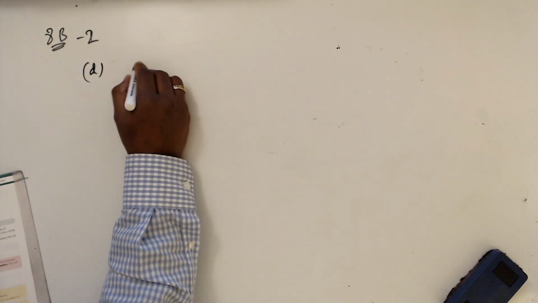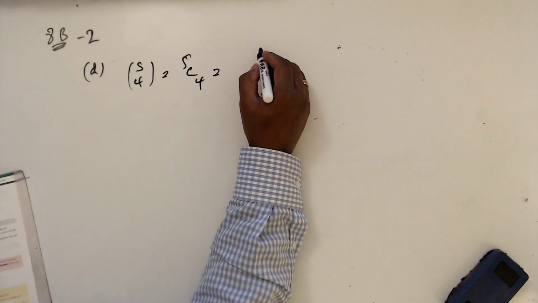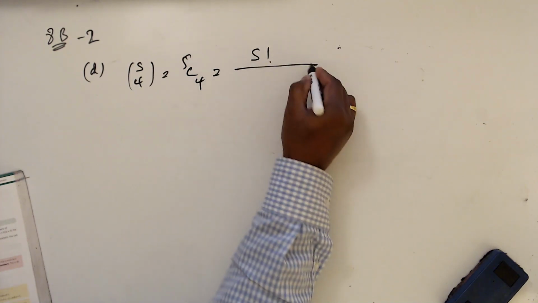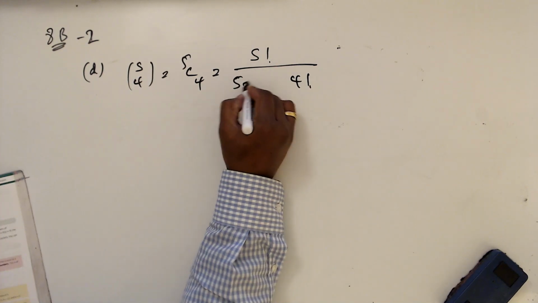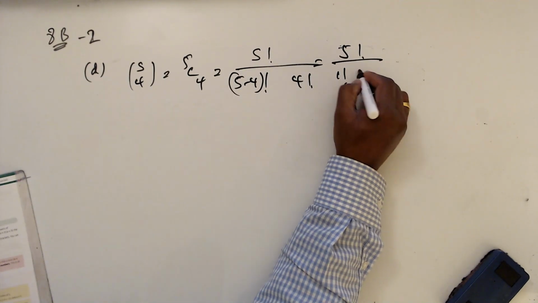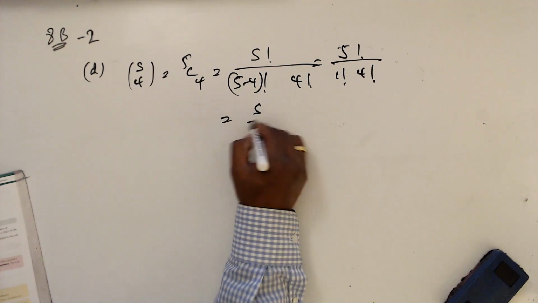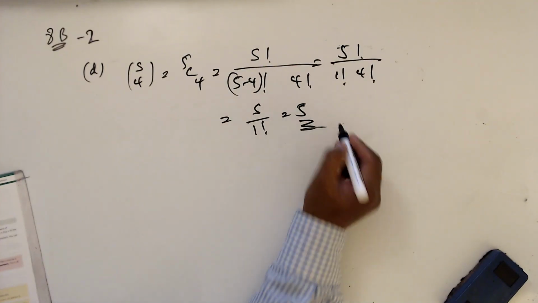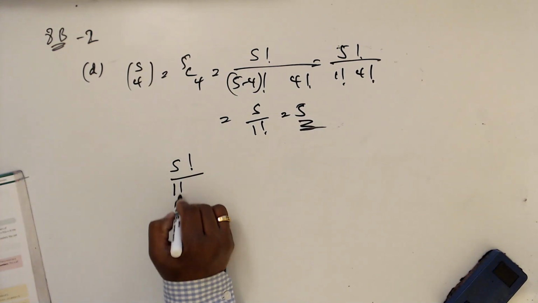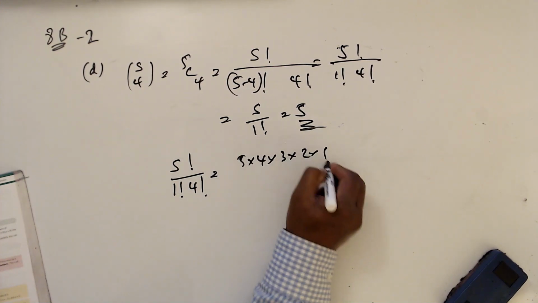Next is 5C4. Factorial 5 over factorial 4 times factorial of 5 minus 4. 5 factorial, 1 factorial, 4 factorial. And the answer is 5 over 1 factorial, which is 5. So I will rewrite this one: factorial 5 is 5, 4, 3, 2, 1.